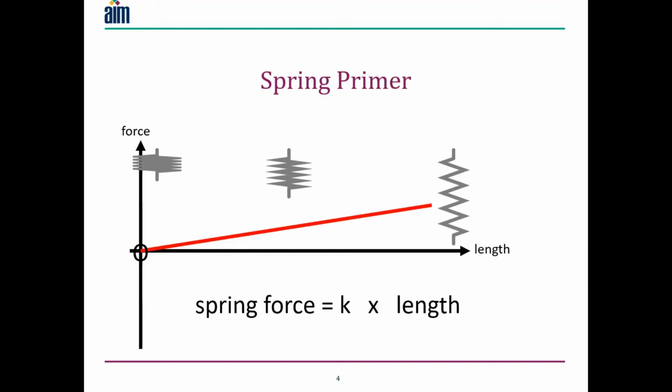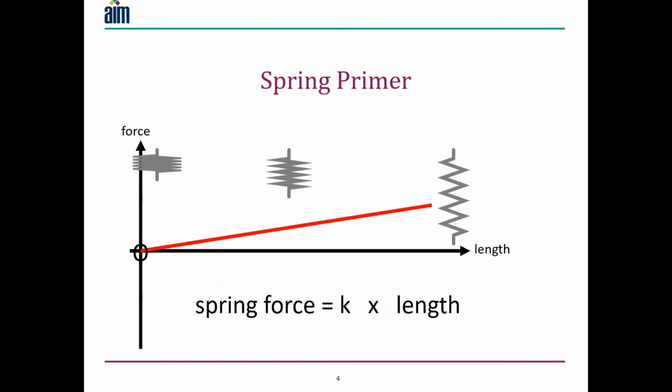And the force on the left-hand side, typically something like newtons, or depending on what units you want to work in. Now, the red graph there is a plot on the graph.